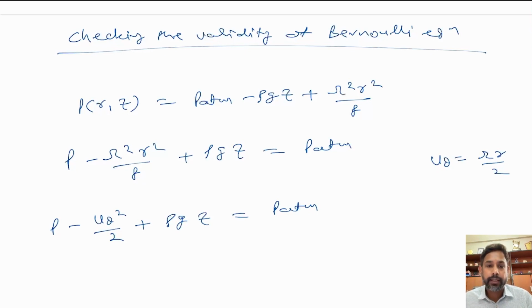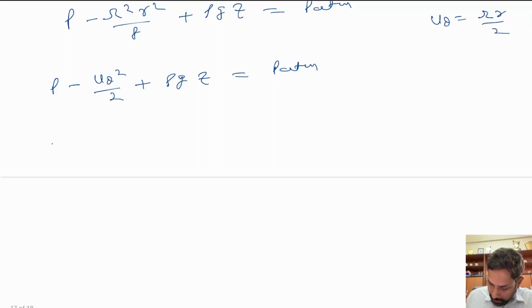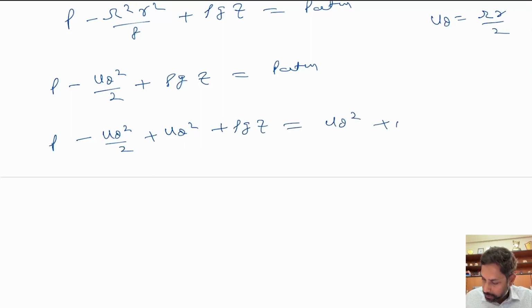And we know that this kinetic energy term, that is the second term, must be positive rather than negative in the case of the Bernoulli equation, and that's why let us try to bring u theta square by 2 to the other side. So basically it can be done by defining u theta square plus rho g z is equal to u theta square plus P atmospheric.